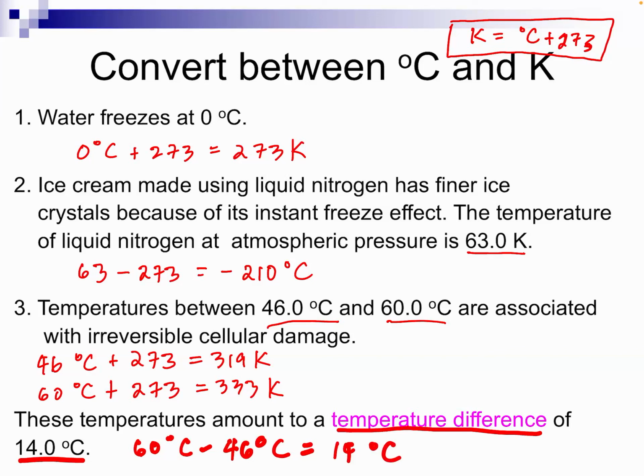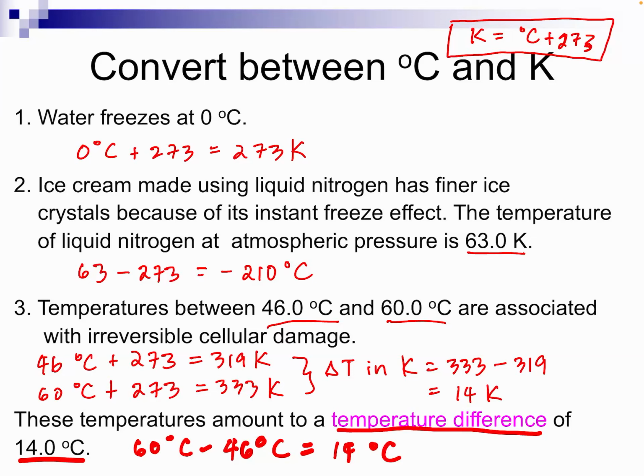But notice that if you also do the temperature difference in terms of Kelvin, then this will be subtracting 2 temperatures, 333 minus 319. You will find that 333 minus 319 is equal to 14 Kelvin.